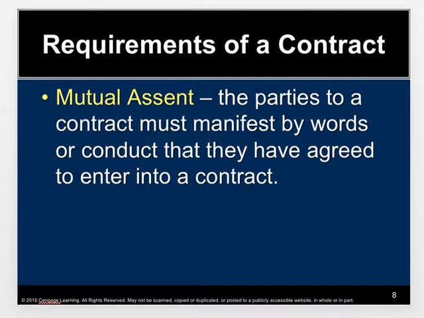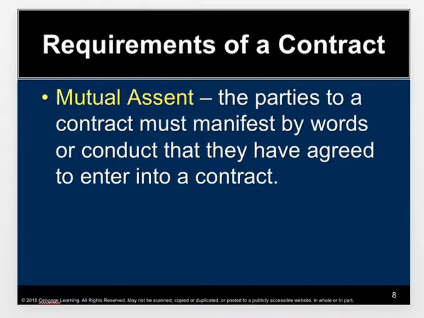The first thing that you need seems a little bit obvious, but a lot of times it isn't. And that's what we call mutual assent. So the parties to a contract must manifest either by words or by conduct that they have agreed to enter into a contract.